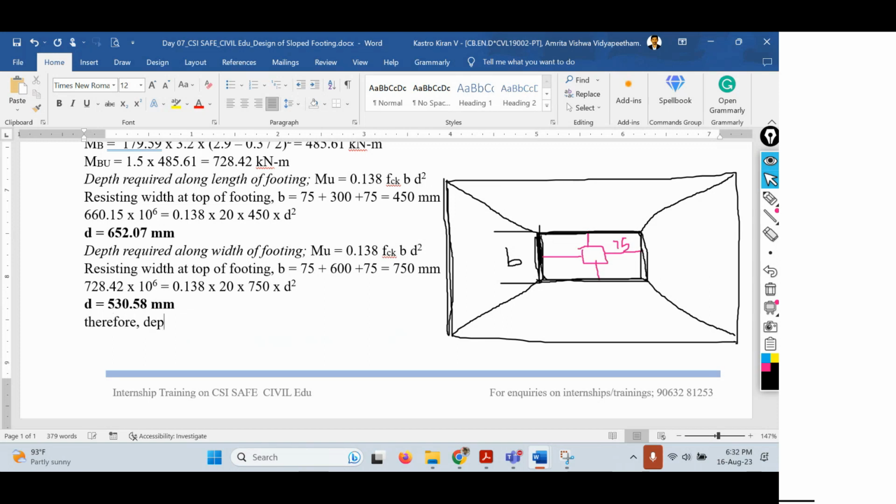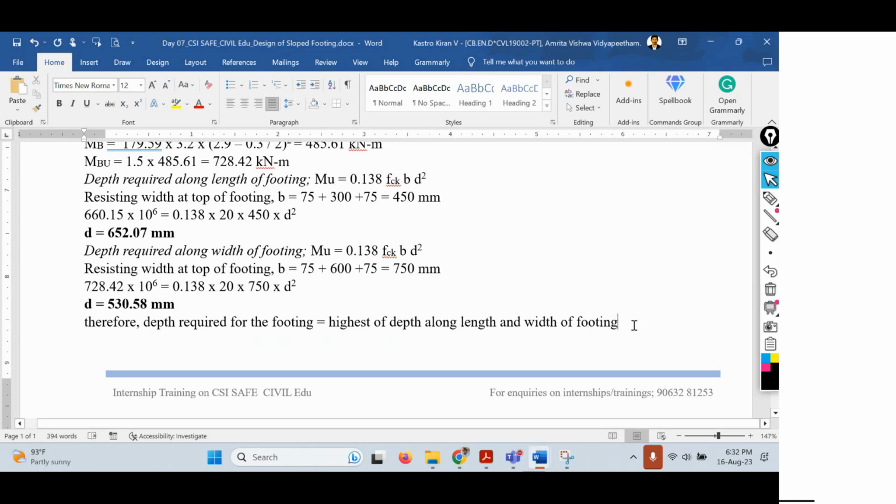Therefore, depth required for the footing equals the highest of the depth along length and width of the footing. Which is the highest value? Depth along length is the highest, that is 652.07 mm.